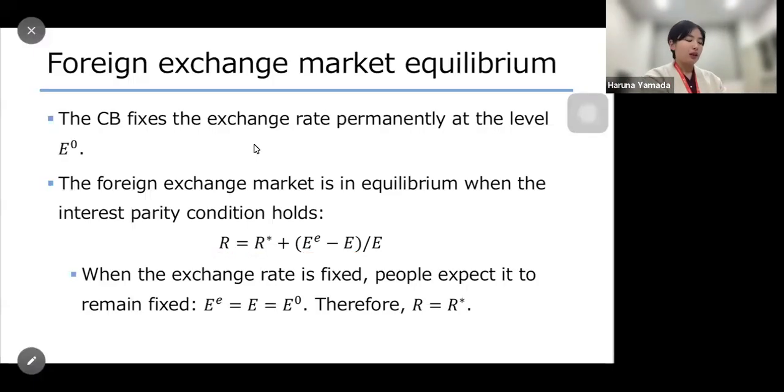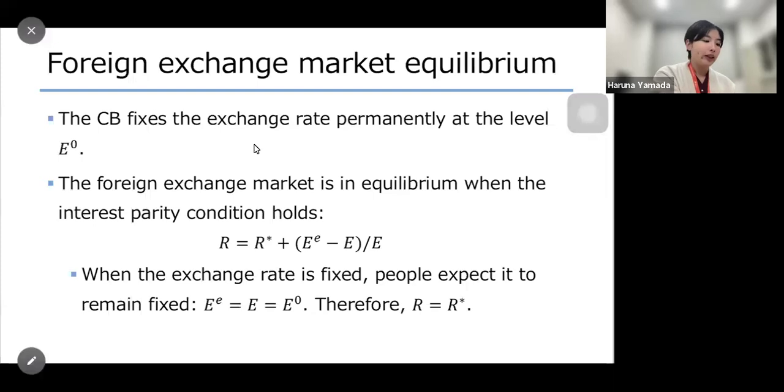So you can see that in the interest parity condition, the domestic interest rate should be equal to the foreign interest rate plus the expected rate of depreciation. When the exchange rate is fixed permanently, people expect it to remain at the fixed level.